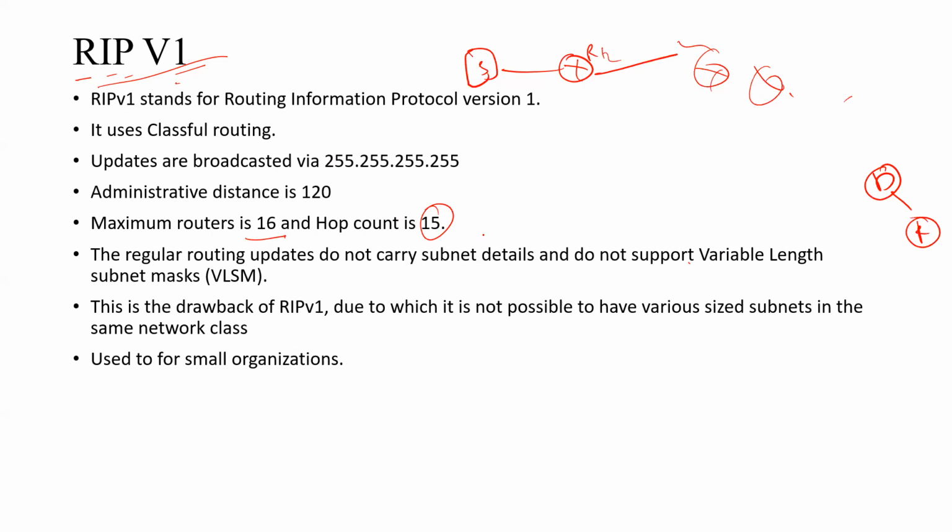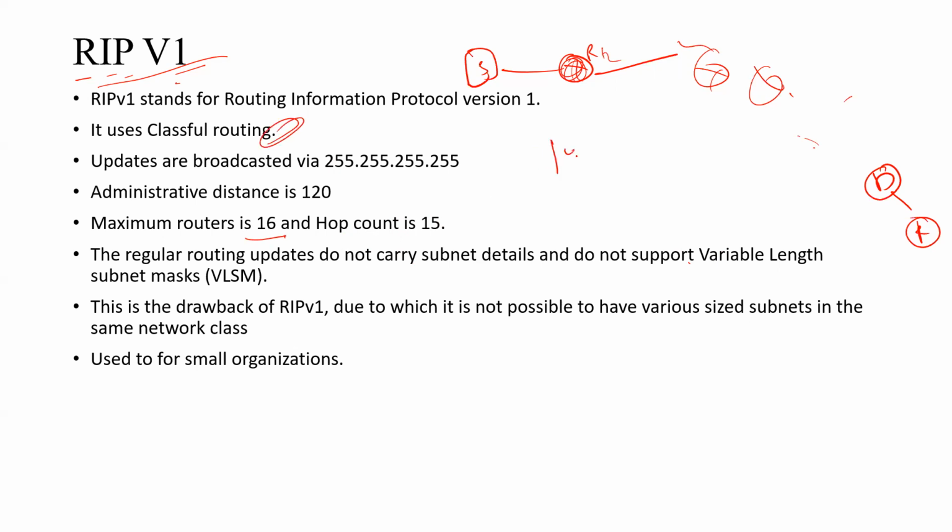But the 15 hop count is nothing but the path it will go through. That is called hop count, so it supports only 15. And the drawback here is that it supports only the classful routing protocol.